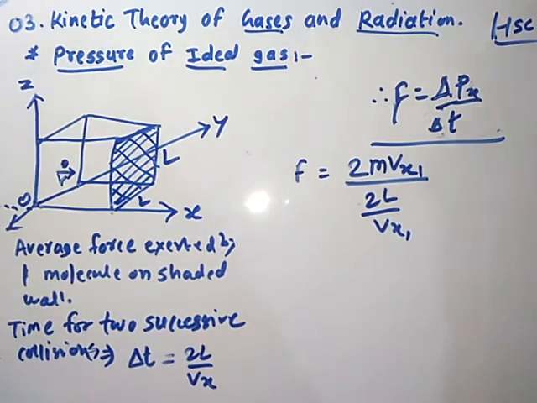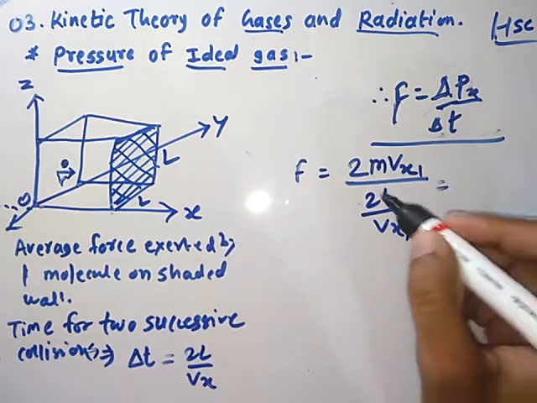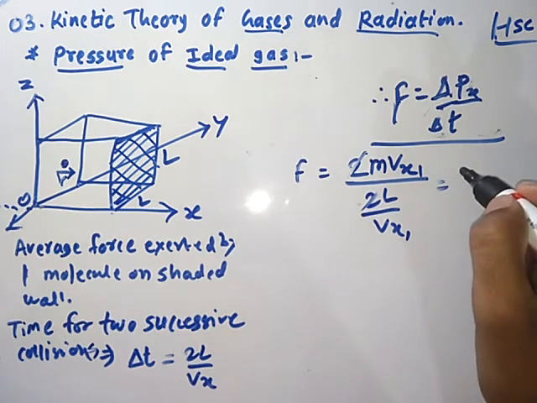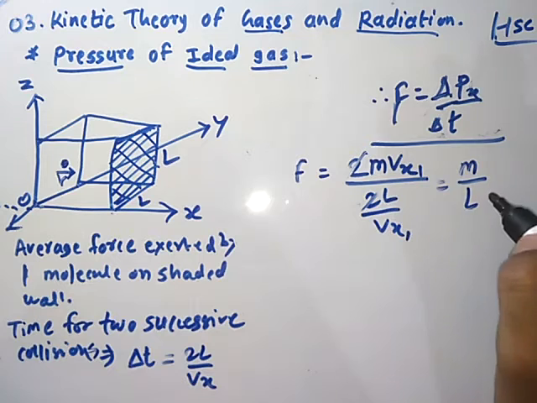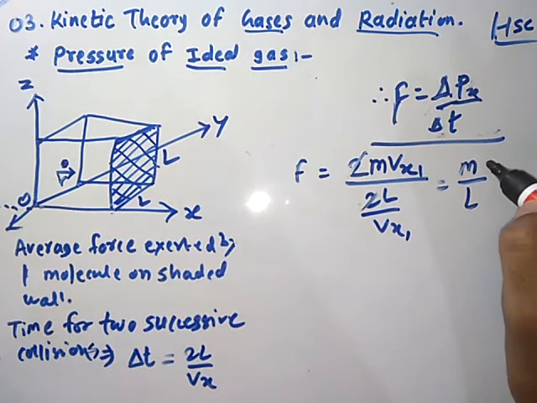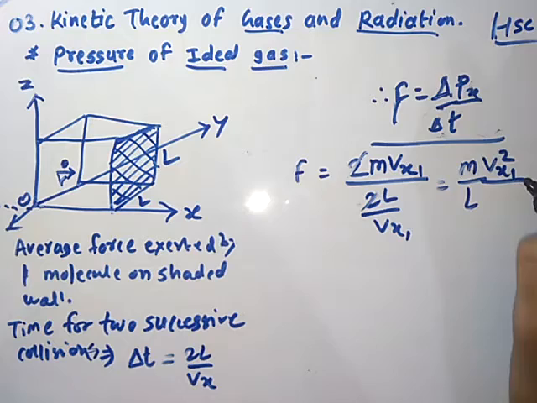So now we put vx1. The 2 gets cancelled. We have the relation small l divided by capital L, and vx1 goes to the numerator, becoming vx1 square.